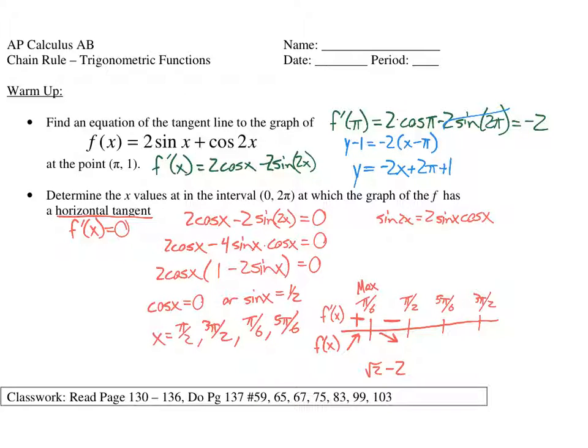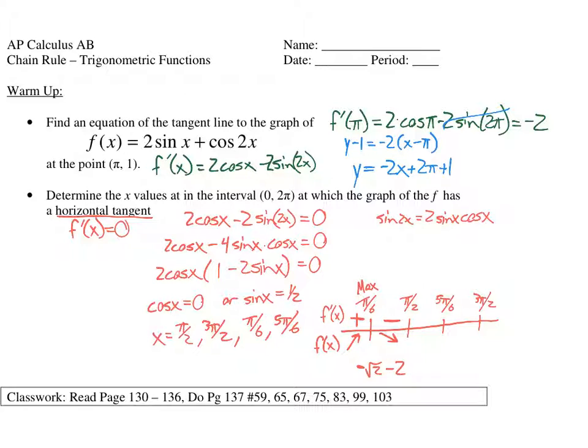We try something else in between pi over 2 and 5 pi over 6. Let's say we tried 3 pi over 4. We'd actually have the same thing that we did on the previous one, except it would be a negative root 2, because cosine's negative in the second quadrant.